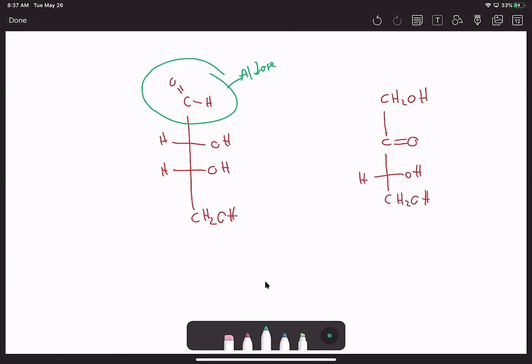You should be able to recognize, oh, there's my carbonyl. There's no hydrogen attached to it, that this is a ketose.